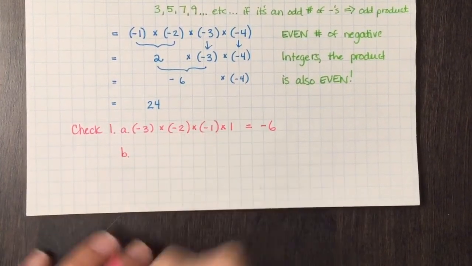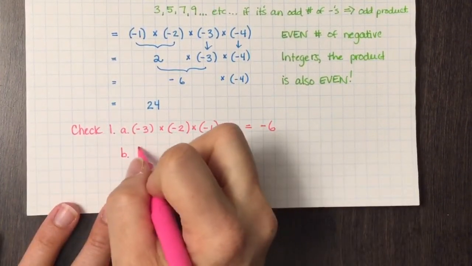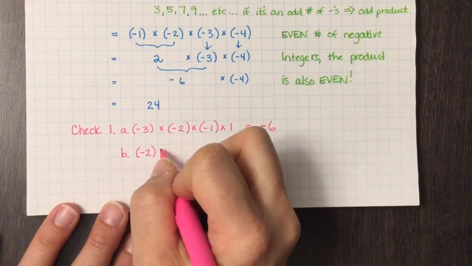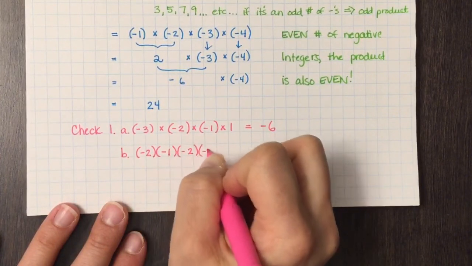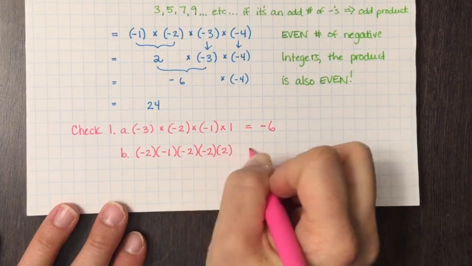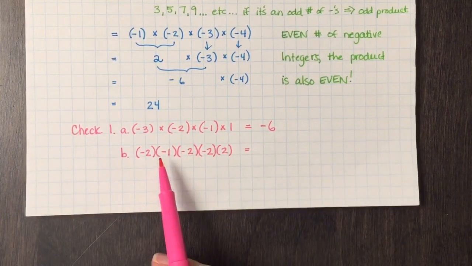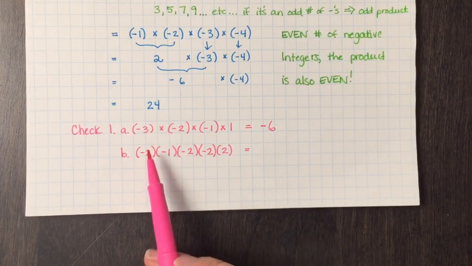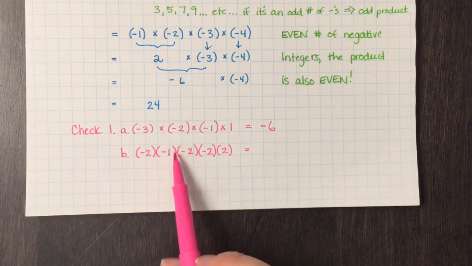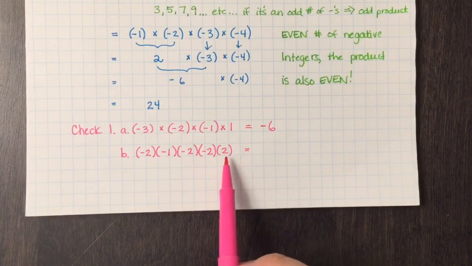Try the next one. We have -2 times -1 times -2 times -2 times 2 equals. Now notice how I got rid of the multiply sign. We don't have to write the multiply sign because if we have brackets side by side, we know that means multiplying in the first place.